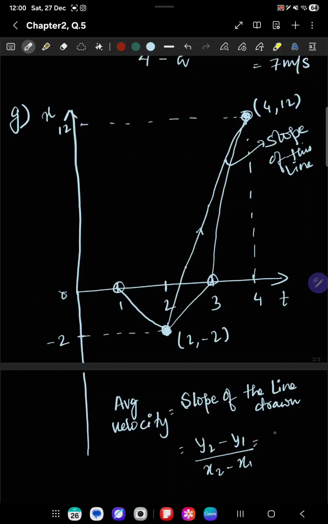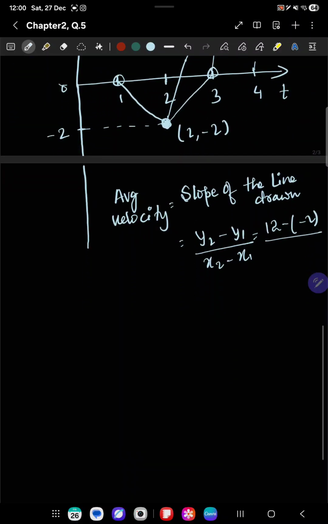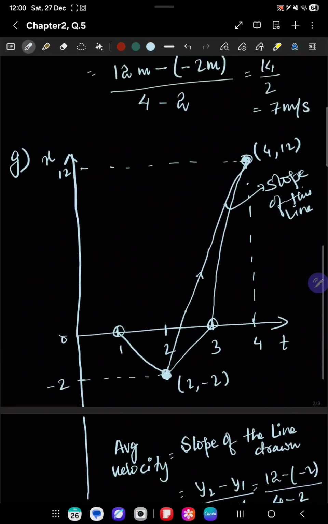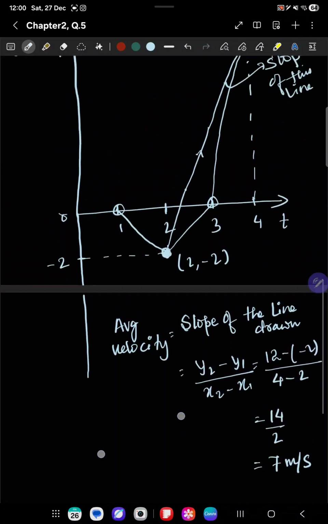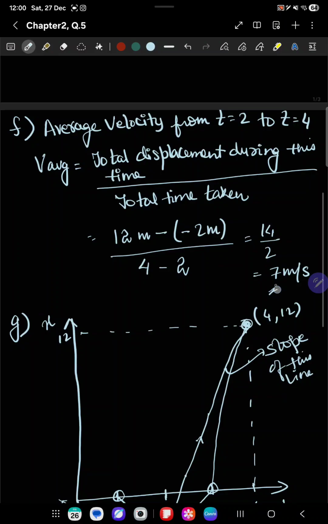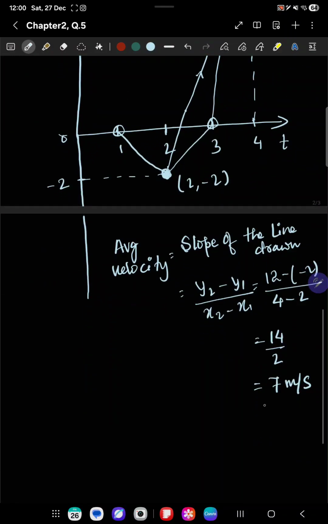So we can write it as 12 minus (-2) upon 4 minus 2. So again this will give us a value of 14 by 2, which will again give us a value of 7 meter per second. So we can see that in this part also we are getting the same average velocity as above. This one and this one is same. So this will be our final answer.